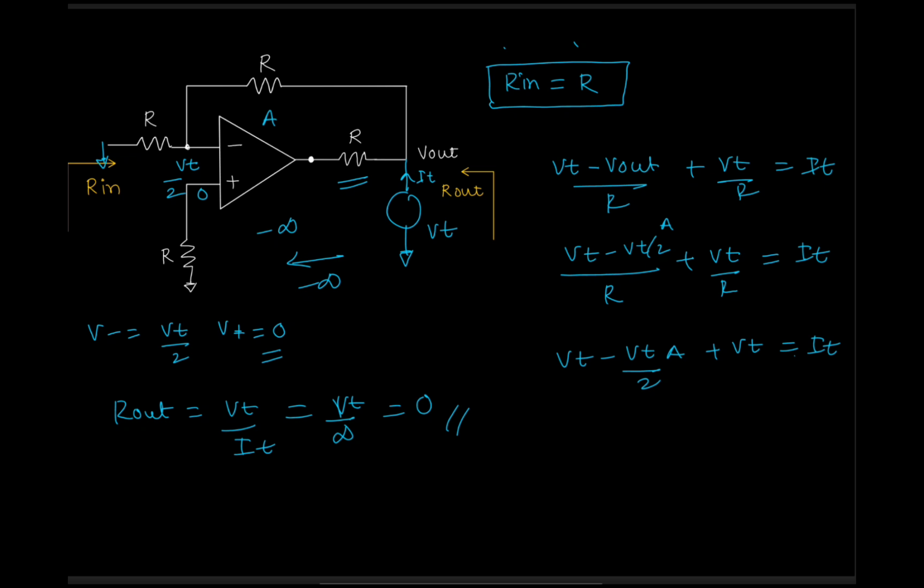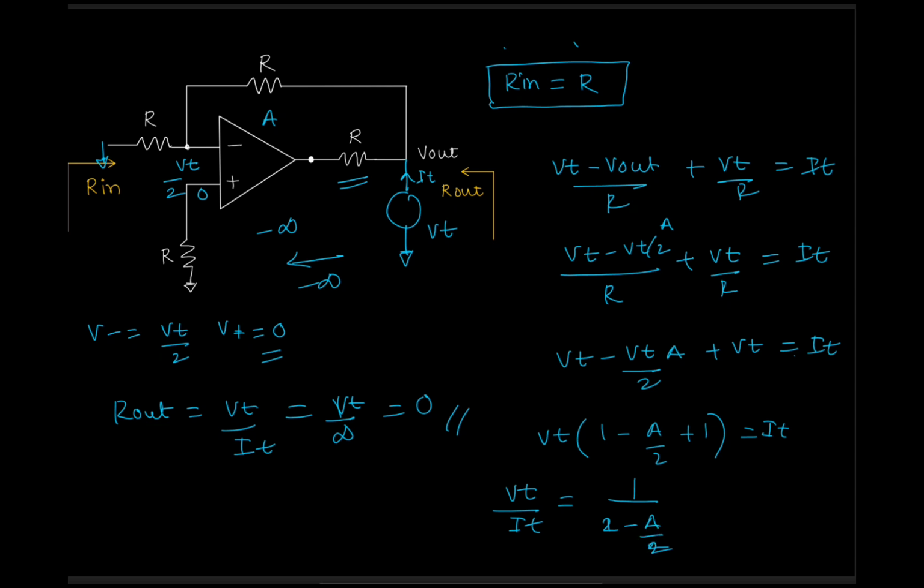Please correct in previous things also. This is IT, so VT will be VT times 1 minus 1 by 2 plus 1 is equal to IT. So you have this kind of equation, VT by IT you want, so you will get 2 2 minus 1 by 2.